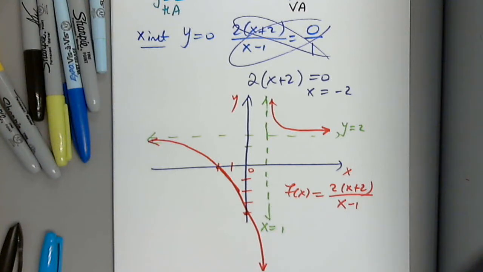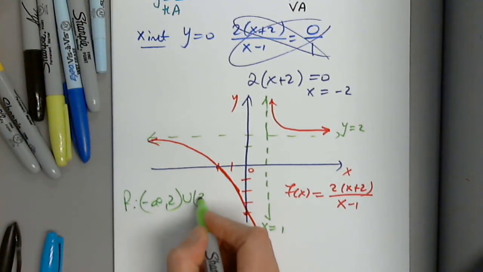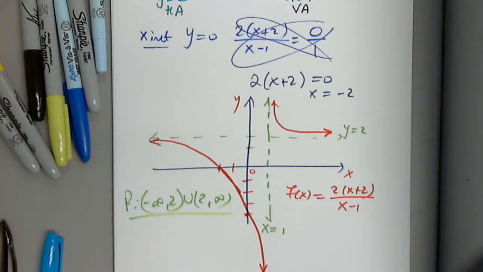Can anyone give us the range of this function? Union? 2 to infinity. Very good. So range, -infinity to 2, union 2 to infinity.